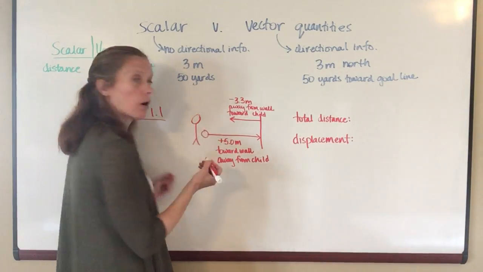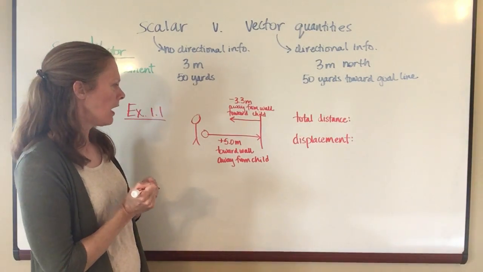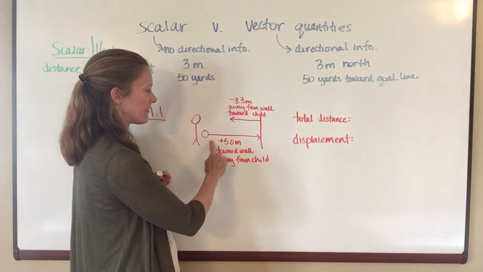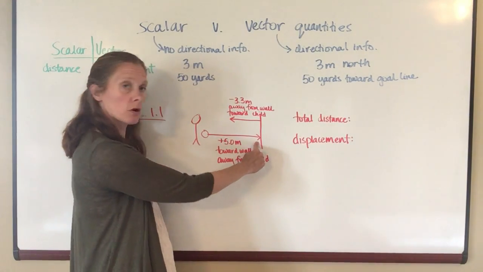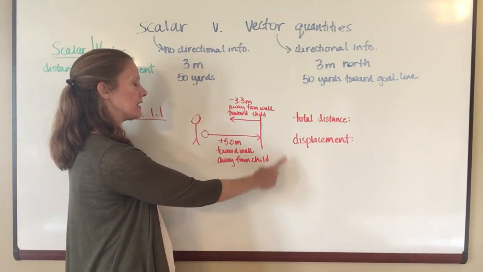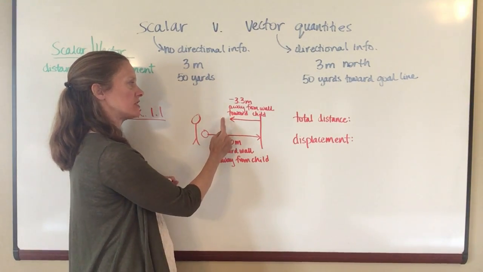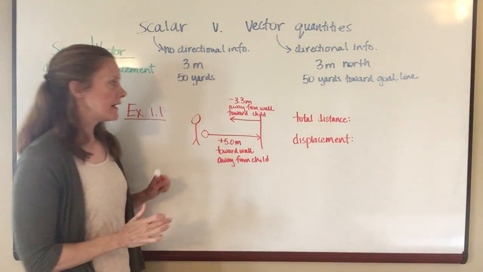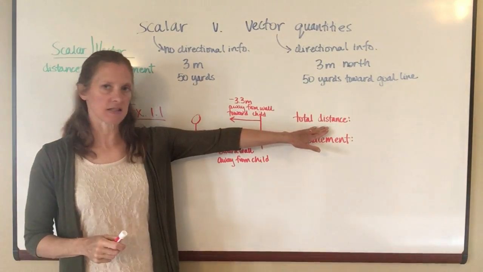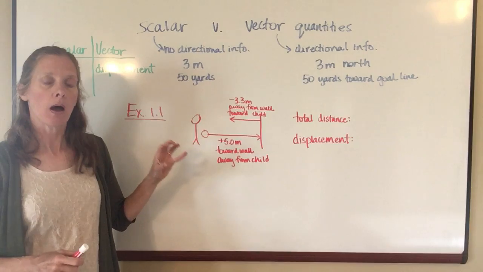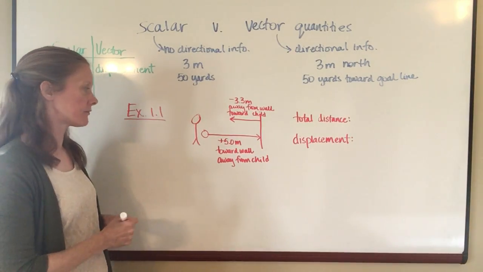She's rolling the ball. We can put a ball in there. The problem says that the ball rolls 5.0 meters towards the wall or away from the child. And then when it bounces back, 3.3 meters away from the wall or toward the child. Now, the total distance which we are asked to find is pretty easy because that's just how many meters did the ball actually cover.